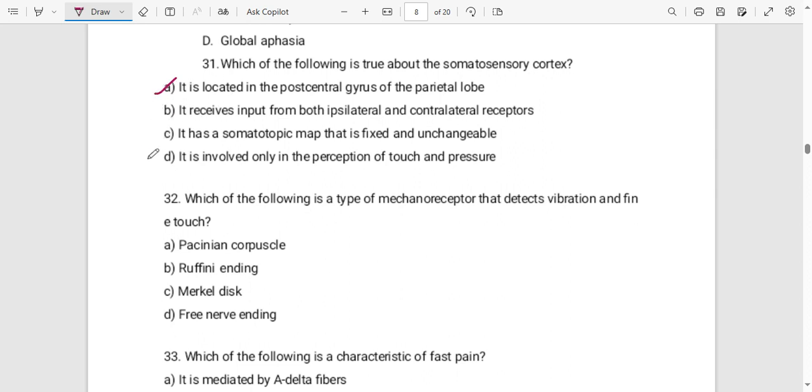We can try to describe why these other options are wrong. Let's start with B. Receives input from both ipsilateral and contralateral receptors. Why is this one wrong?